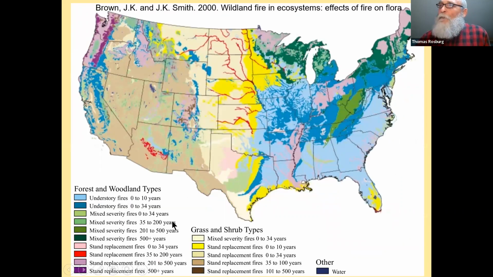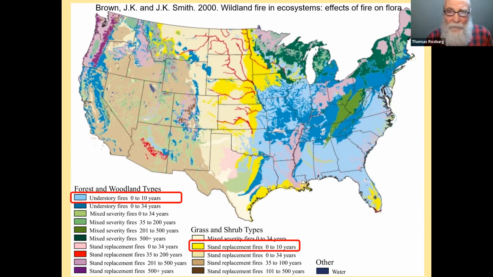This next map is going to show us, could get at the question of how often was fire occurring, perhaps again under natural fire regimes. This is a map that comes from a paper published in 2000. As you see there, wildland fire in ecosystems. It shows, of course, the lower 48 states there in different colors. And if you look at Iowa, we see those two colors standing out.